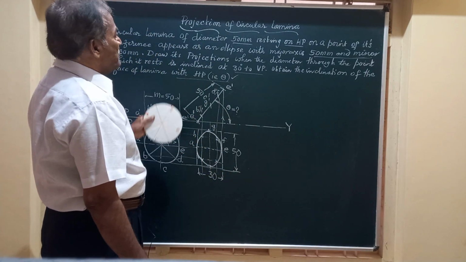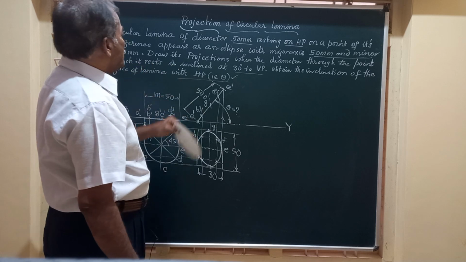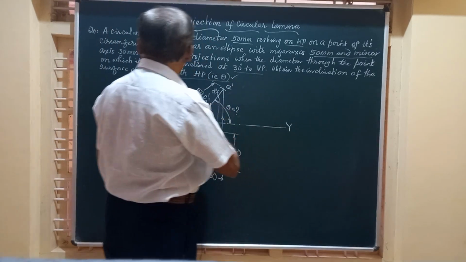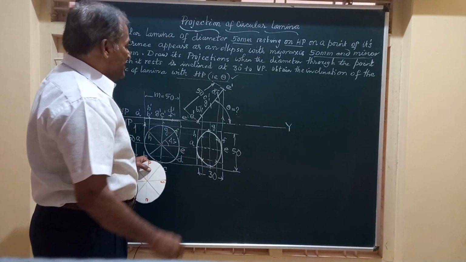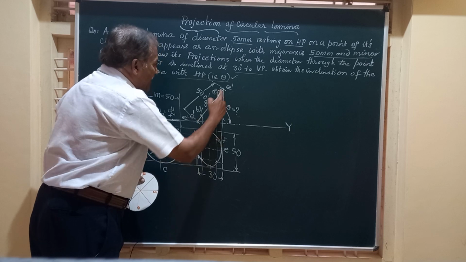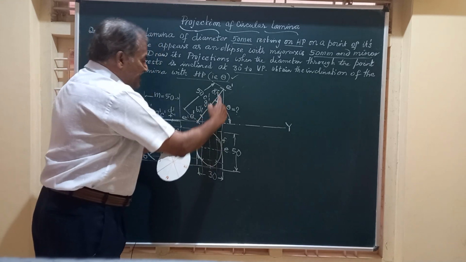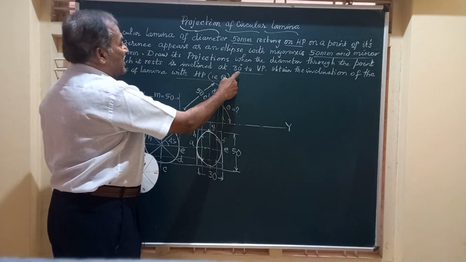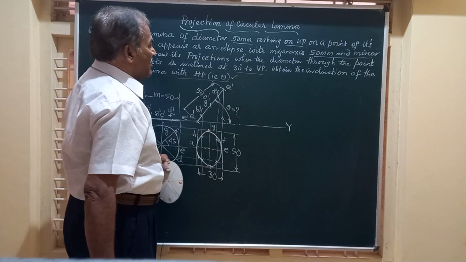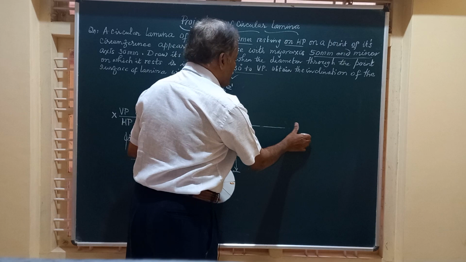What does he say? Draw its projections when the diameter through the point on which it rests. It is resting on A dash. The corresponding diameter is AE. That AE has now become parallel to VP. He says it has to be at an angle of 30 degrees to VP.